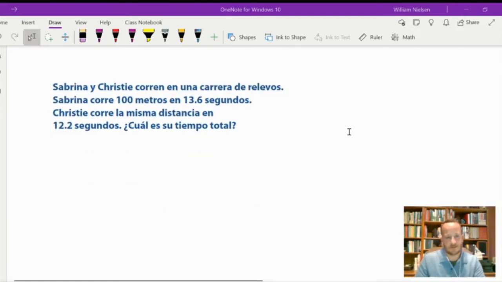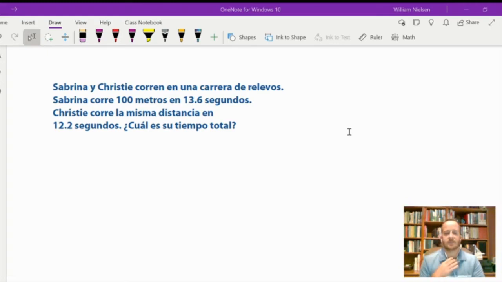Entonces vamos a empezar. Sabrina y Christy corren en una carrera de relevos. Sabrina corre 100 metros en 13 y 6 décimos segundos. ¿Ok? Fíjense que yo dije 13 y 6 décimos segundos, no dije 13.6. ¿Ok?